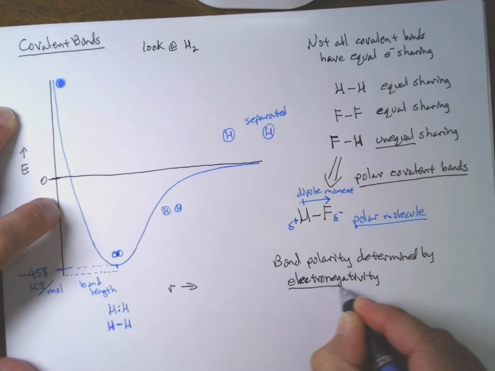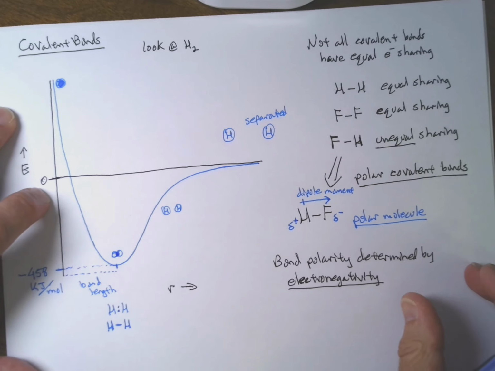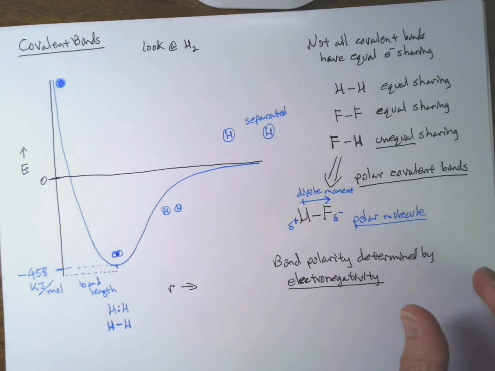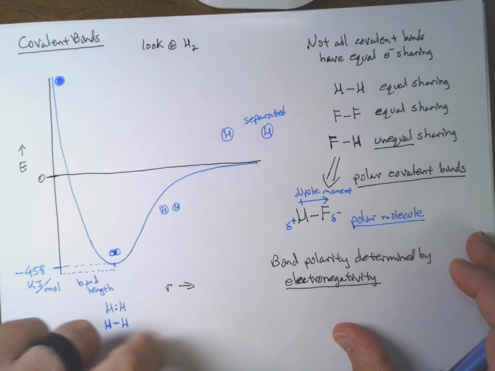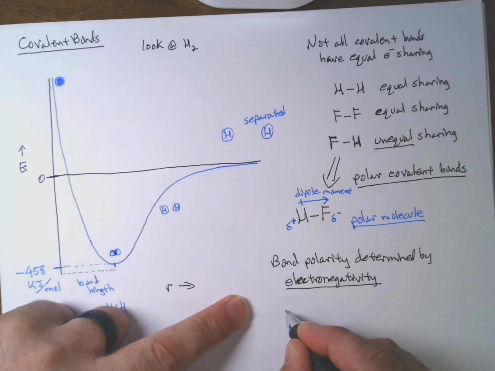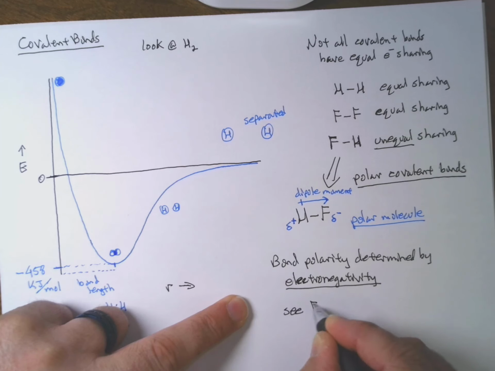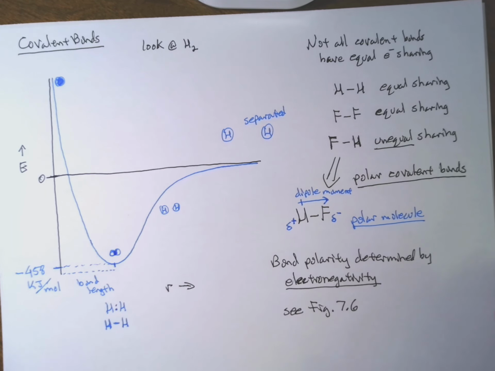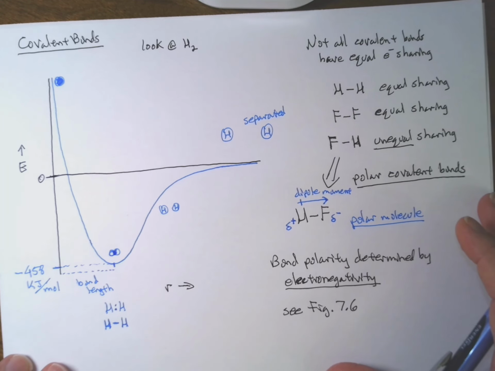Well, it's determined by electronegativity. And electronegativity is the ability of an atom to attract shared electrons to itself. And so I will refer you to figure 7.6 to see basically a periodic table with different electronegativities on it.